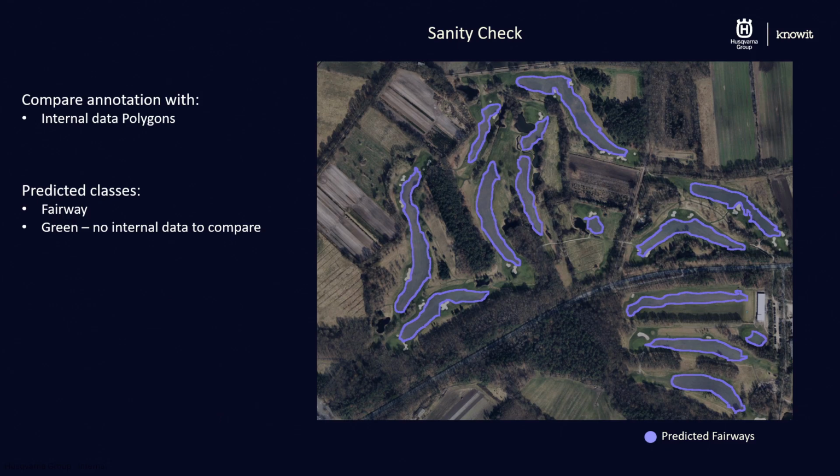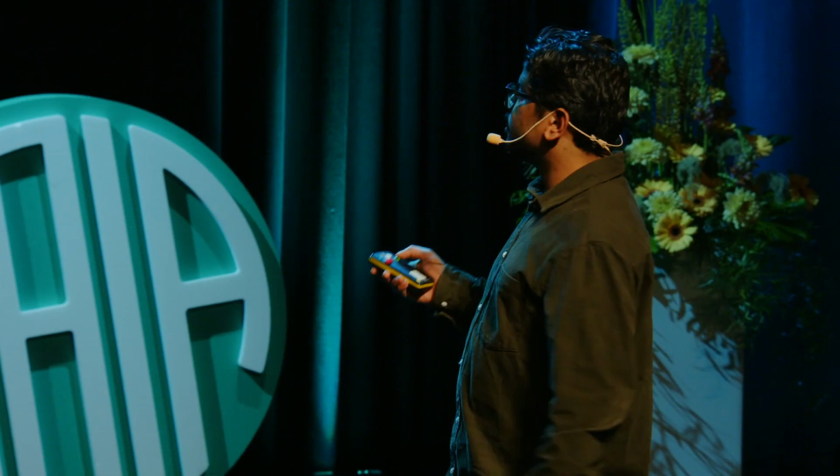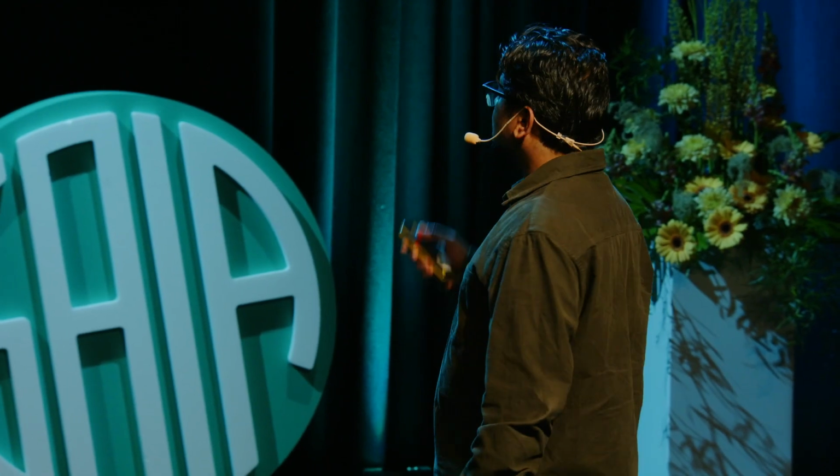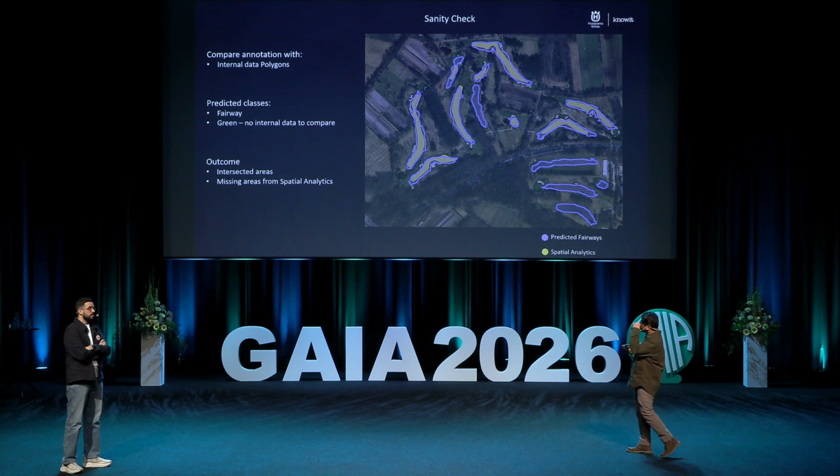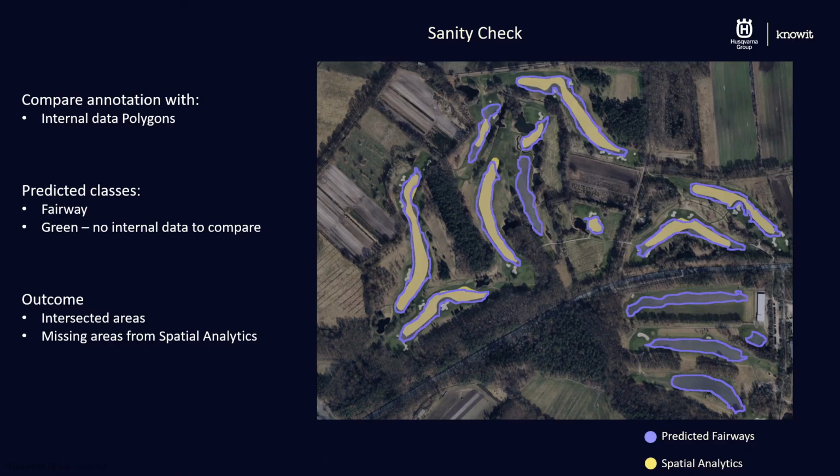One thing to highlight is that in our internal IoT data, we don't have green, but from the model training, we can, because we use publicly available data. And then we overlay with our internal IoT data pipeline, and we can see how much is Husqvarna mowers coverage compared to the total potential for that golf course. So this is kind of a byproduct, the mower coverage that we find.